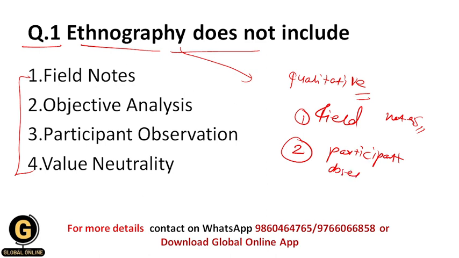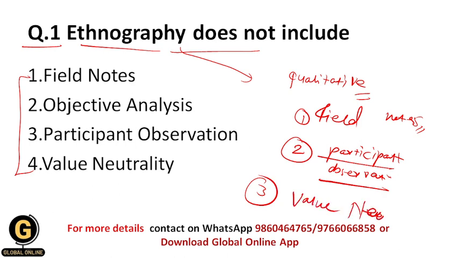Participant observation is the most used method in ethnography, and in this method the researcher participates in a particular community or society and lives with the participants. He or she does all the activities with the participants and can study the specific culture of that community. The third is value neutrality, which we also use as a kind of data collection in ethnography.